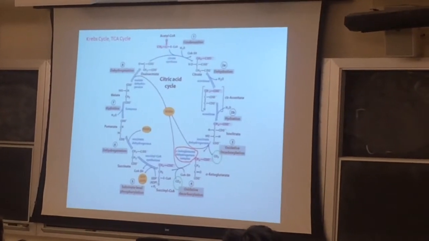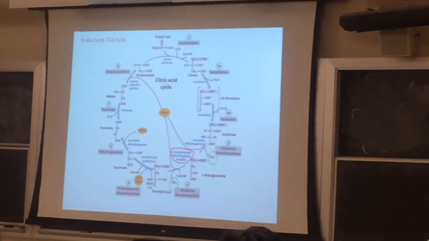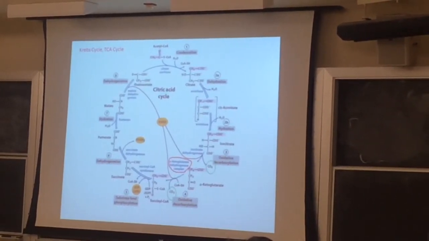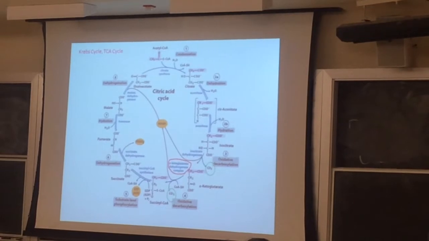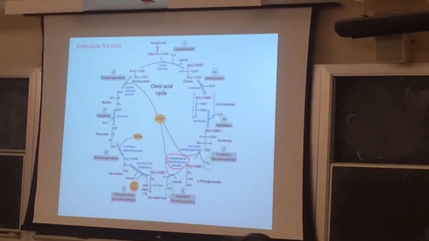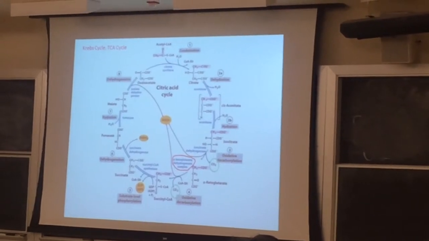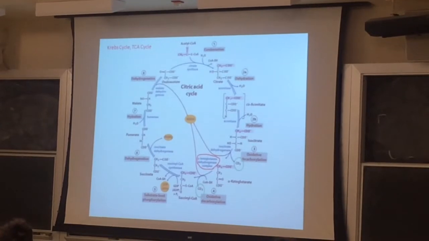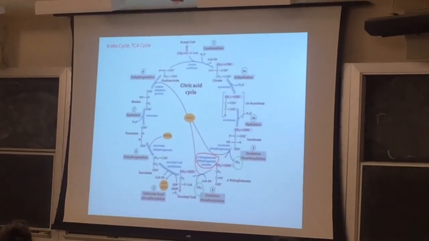So what does that mean? The alpha-ketoglutarate complex isn't one enzyme, it's 3. And we'll just call it E1, E2, and E3. It is slightly different in E1 because the first thing that this complex recognizes is alpha-ketoglutarate, not pyruvate.